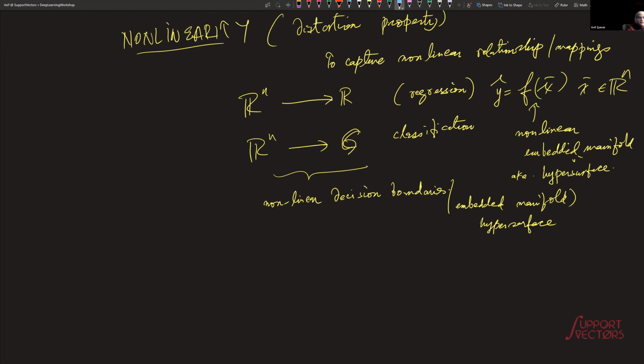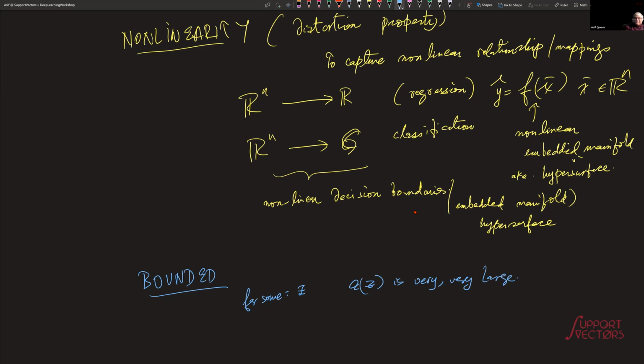So let me use another color. Boundedness. We didn't talk about boundedness. If it is not bounded, in other words, if the value a(z), for some z, is very, very large, why is that a problem?